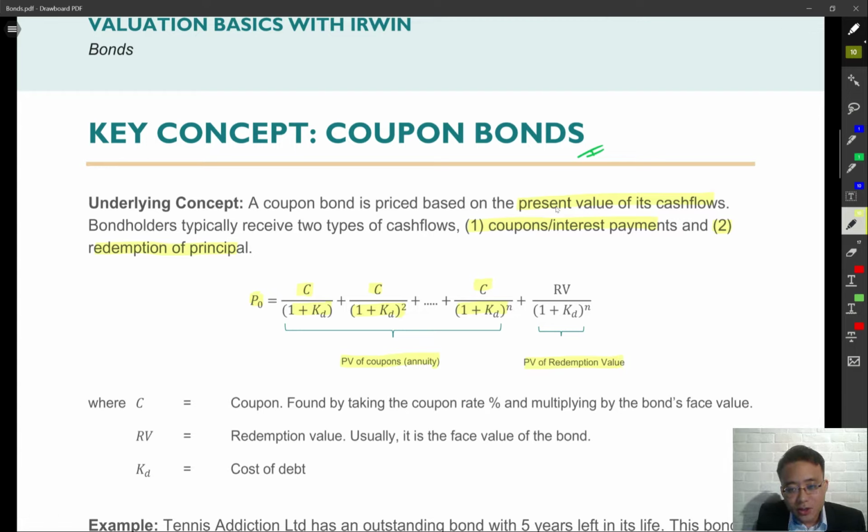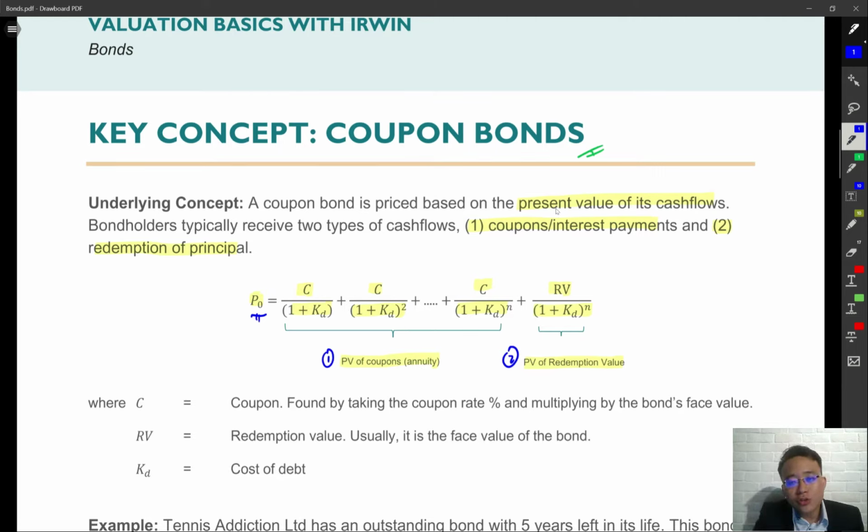You just need to take the redemption value, discount it with a present value formula, and you get the present value of the second cash flow. So add up the present value of the first cash flow with the present value of the second cash flow, and you will get the total pricing or the total value of the bond.